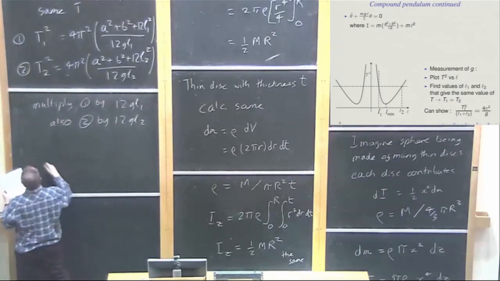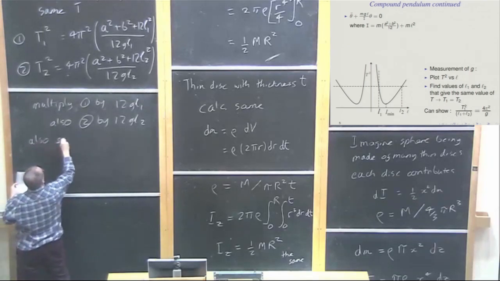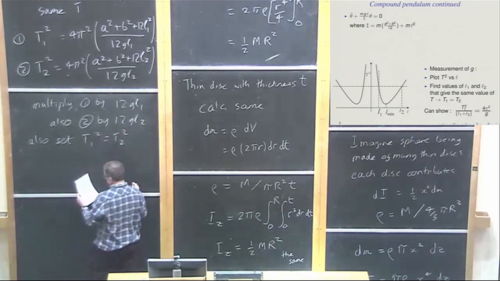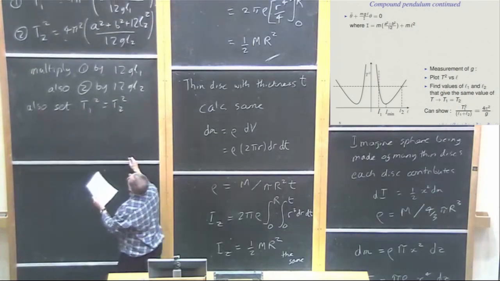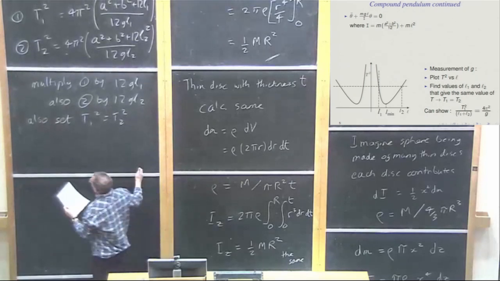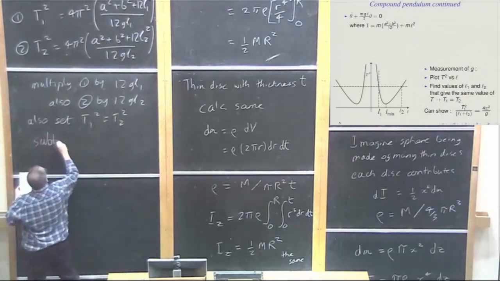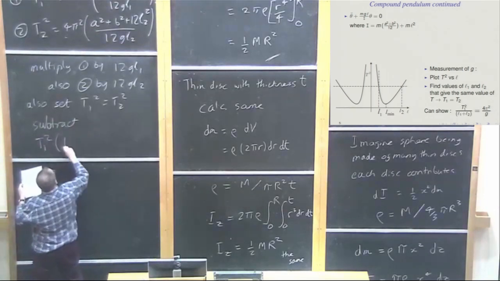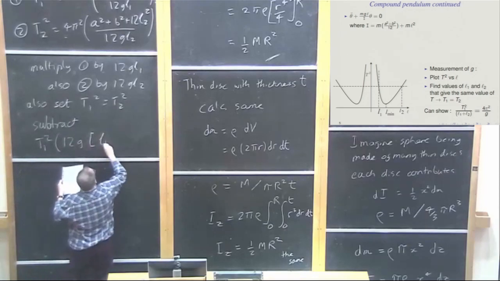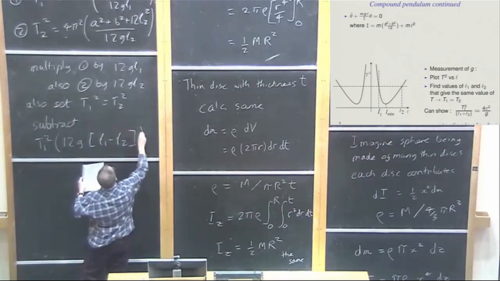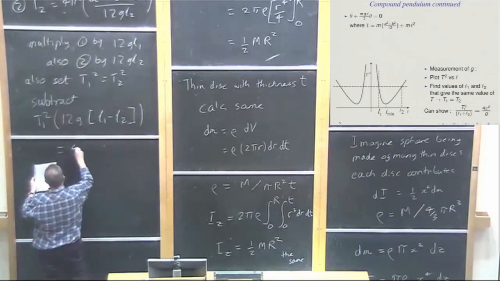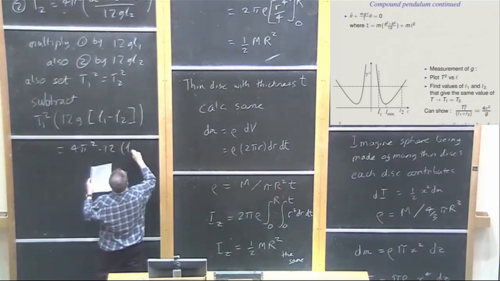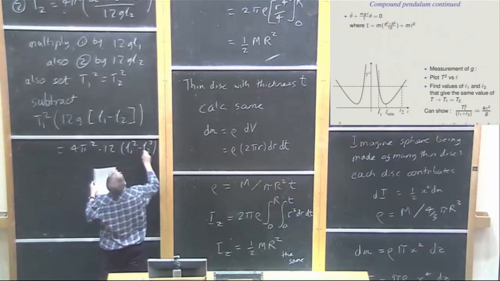And we also set T1 squared to be equal to T2 squared, and we'll call that T. So multiplying through by this and then subtracting, we get T squared 12 g (L1 minus L2) equals 4 pi squared 12 (L1 squared minus L2 squared).